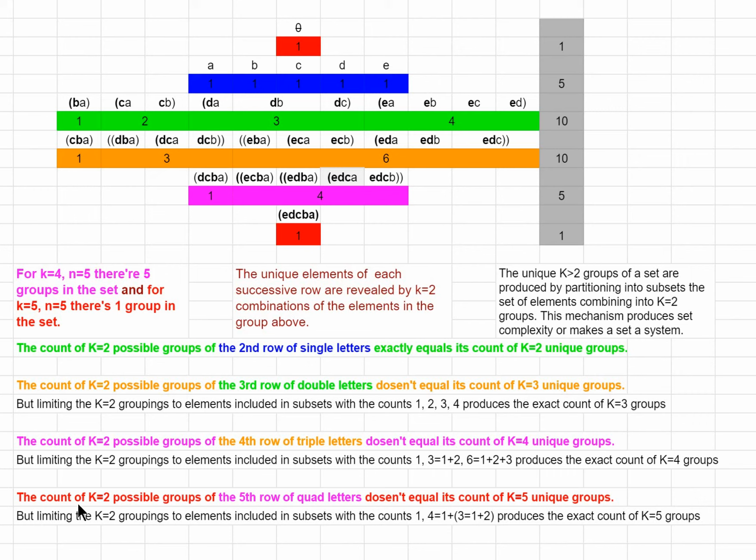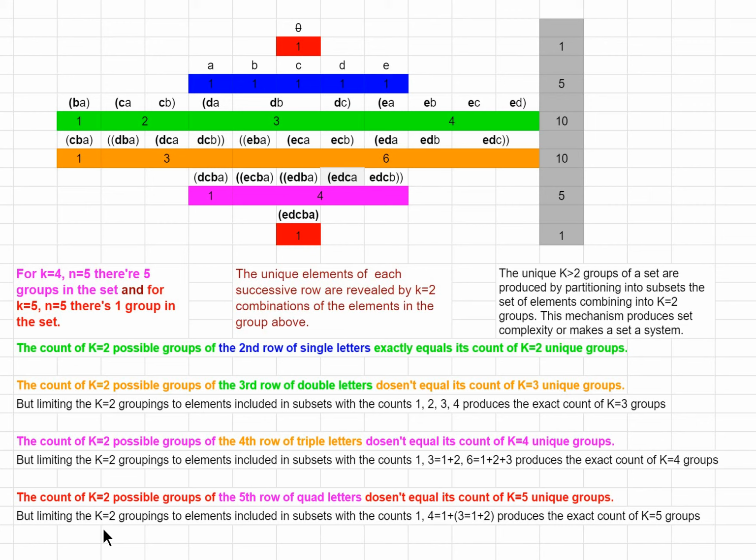Now, the count of k equal 2 possible groups of the 5th row of quadruple letters doesn't equal its count of k equal 5 unique groups, because for 5 elements, there are 10 possible order 2 combinations, but we only get 1 possible k equal 5 unique group.